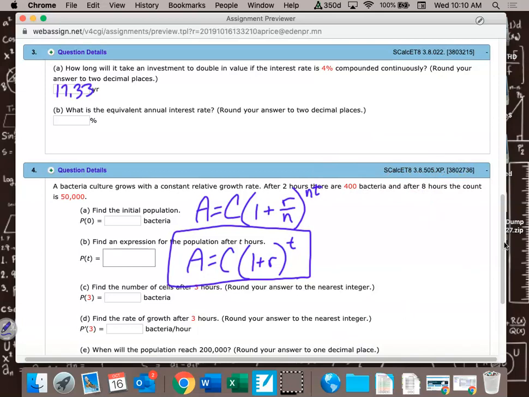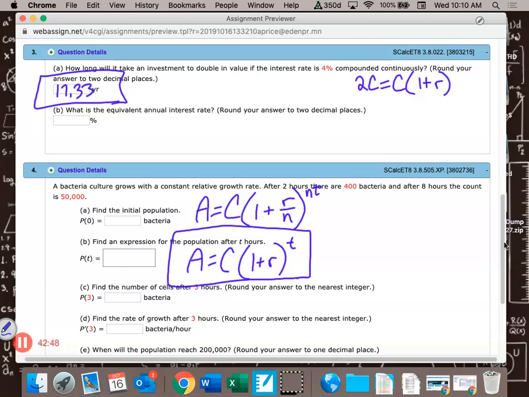All right, so we're using this formula now. We started with C, we doubled, so we have 2C equals C times 1 plus R to the, and then our time is, if we put our money in for this amount of time, what rate would we essentially have earned?